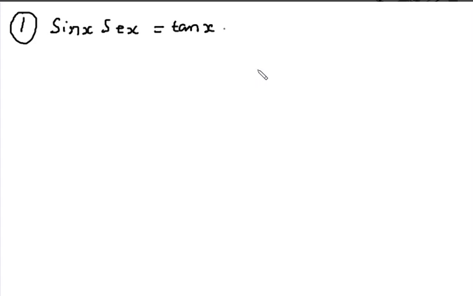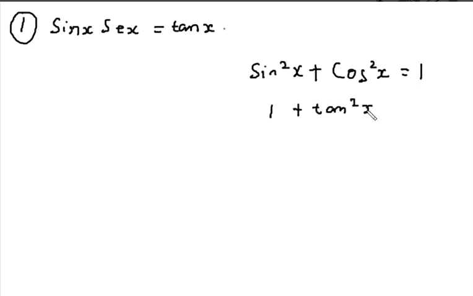One of the things you need to notice is that sine square x plus cos square x equal to 1. And we also know that 1 plus tan square x equal to sec square x.